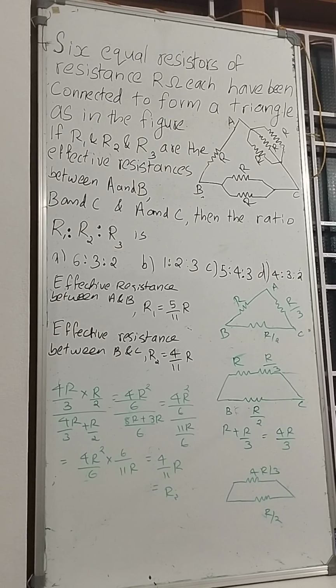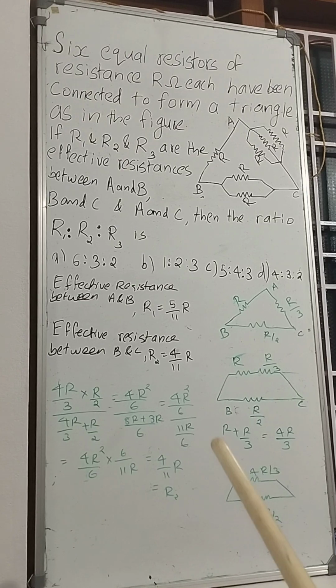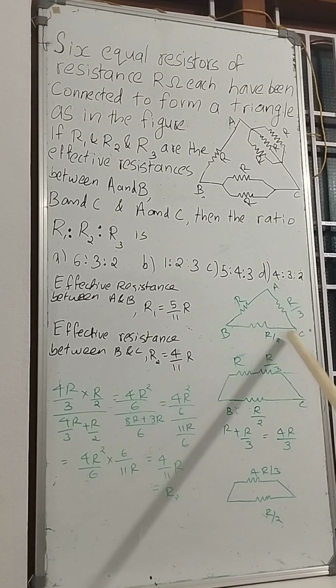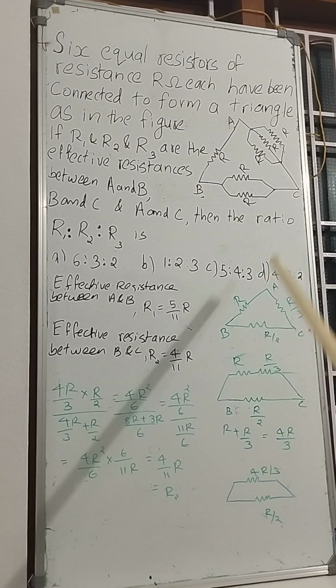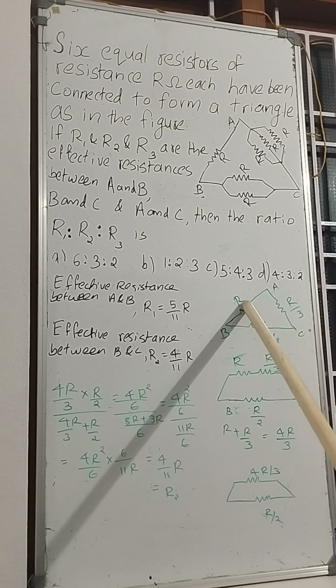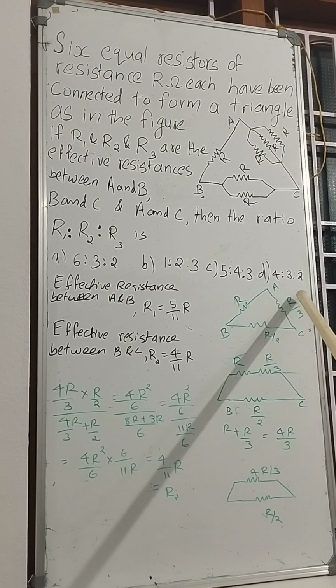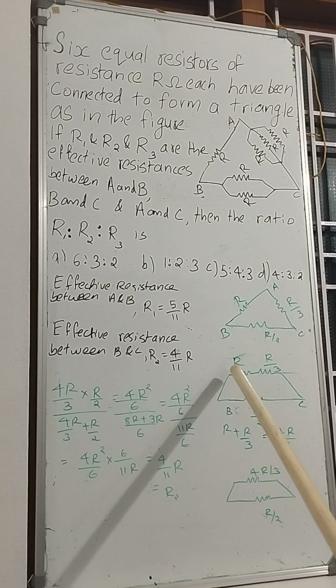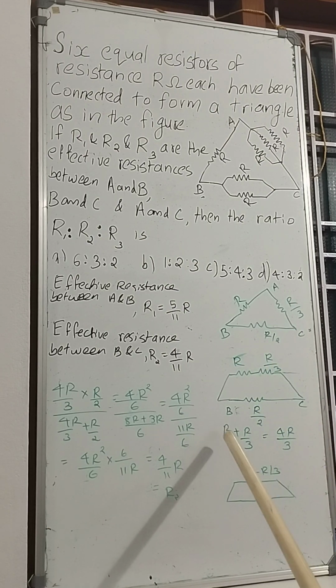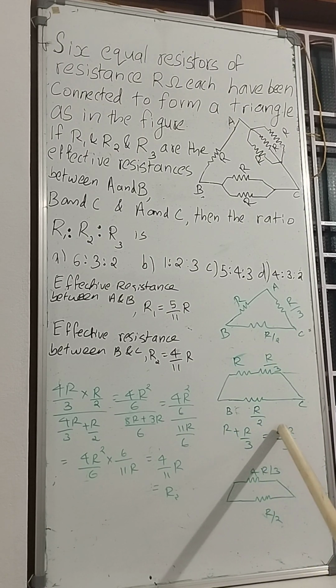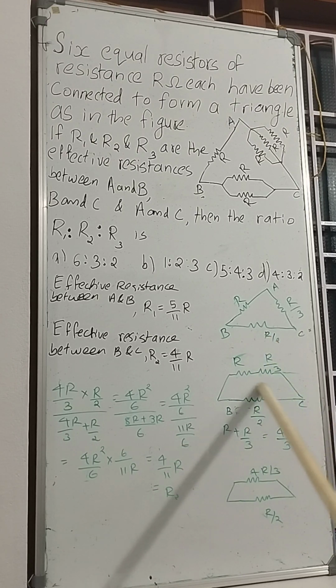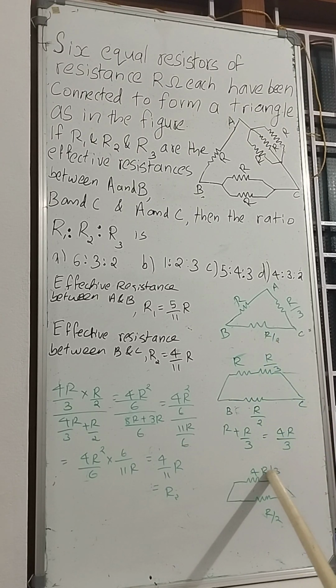To calculate the effective resistance of the total network between B and C, we keep that side as it is and treat the other 2 resistors. R and R by 3 are in series, so their effective resistance is R plus R by 3, that is 4 R by 3. Now this entire upper branch, having a resistance 4 R by 3, is in parallel with the lower branch BC, R by 2.